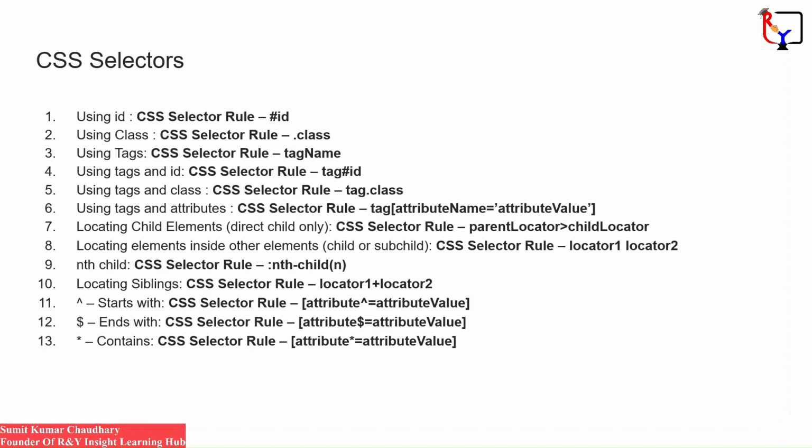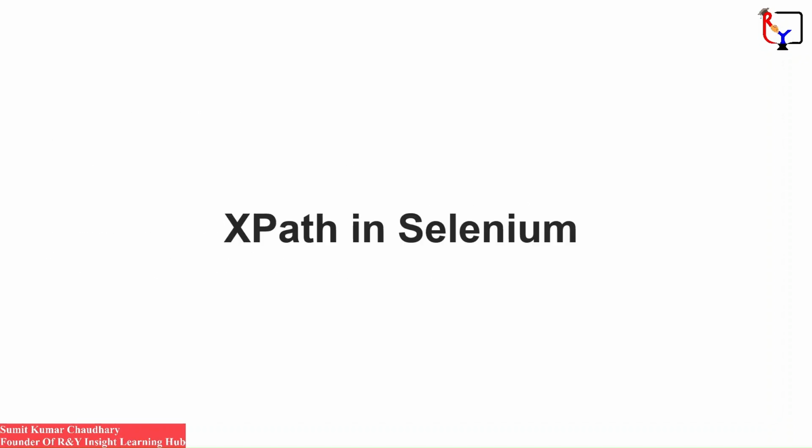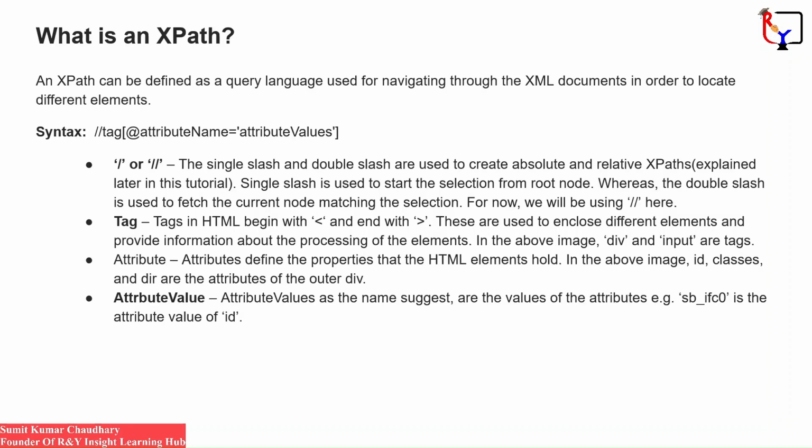And we also have XPath in Selenium. So what is an XPath? An XPath can be defined as a query language used for navigating through an XML document in order to locate different elements. We have two types of XPath: relative XPath and absolute XPath.